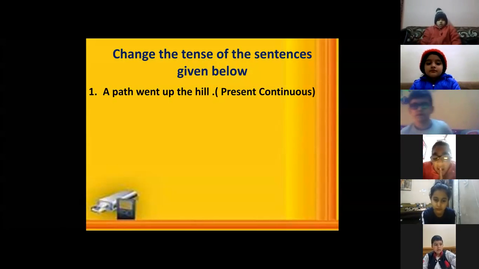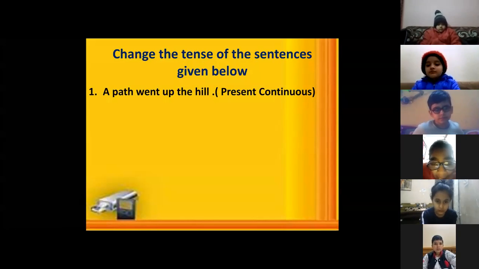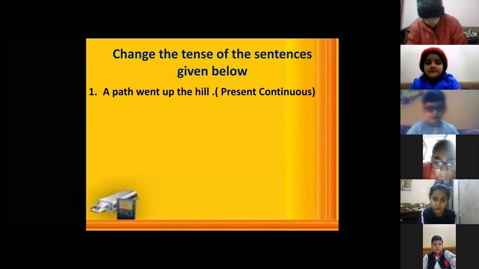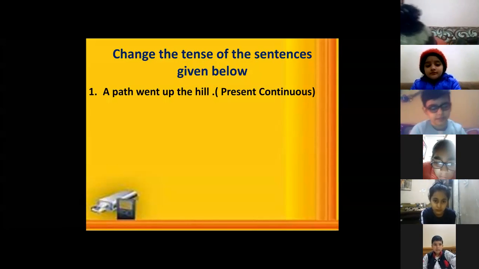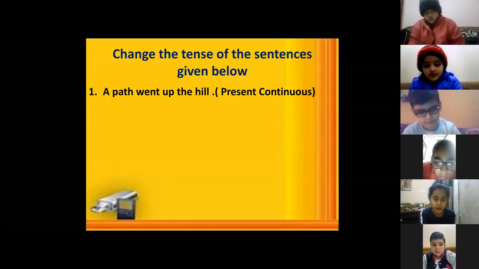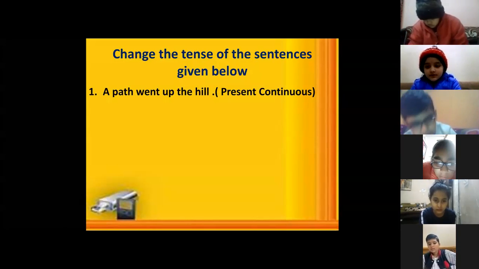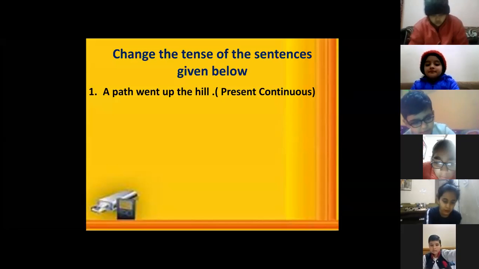So the first sentence is, a path went up the hill. Change this sentence into present continuous tense and write it down in the chat box. A path went up the hill. Show me how to change this into present continuous.